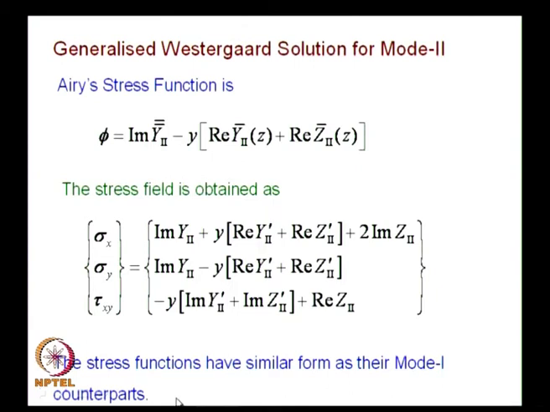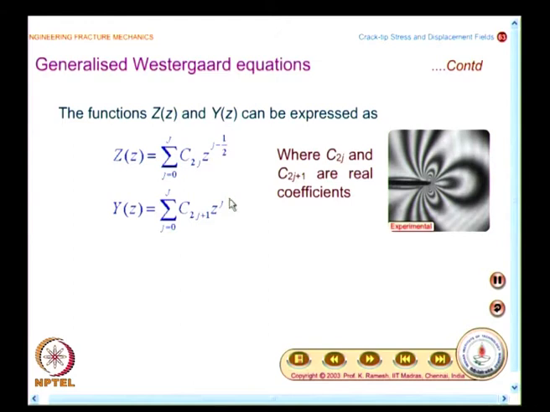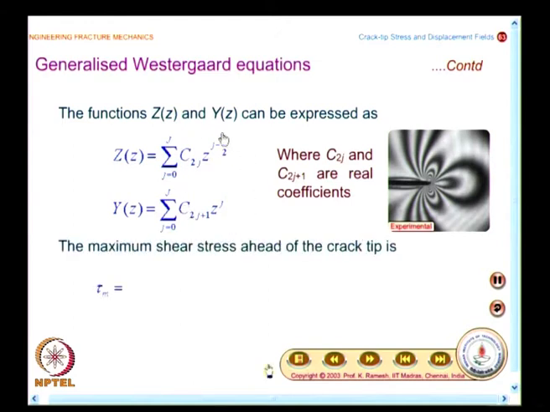And what are the mode 1 counterparts? For mode 1, you had the functions z and y given as a series solution. So, you need to go for a series solution like this, and you have to ensure that the real part of z 2 is 0 on the crack faces to satisfy the boundary condition there.